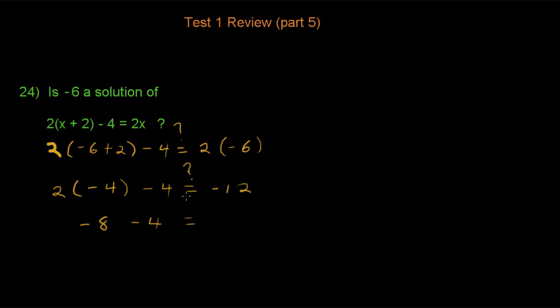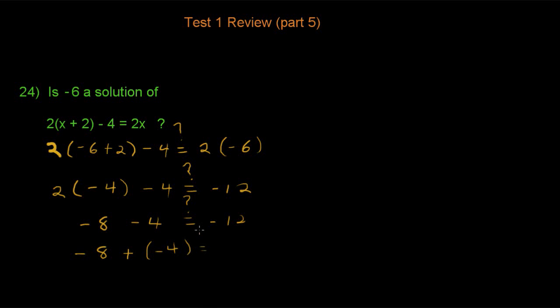equals, and maybe, -12. And at this point, maybe you can see that it is actually true, but let's carry this out a little bit further and rewrite this. Instead of as subtraction, let's write it as an addition of the opposite.